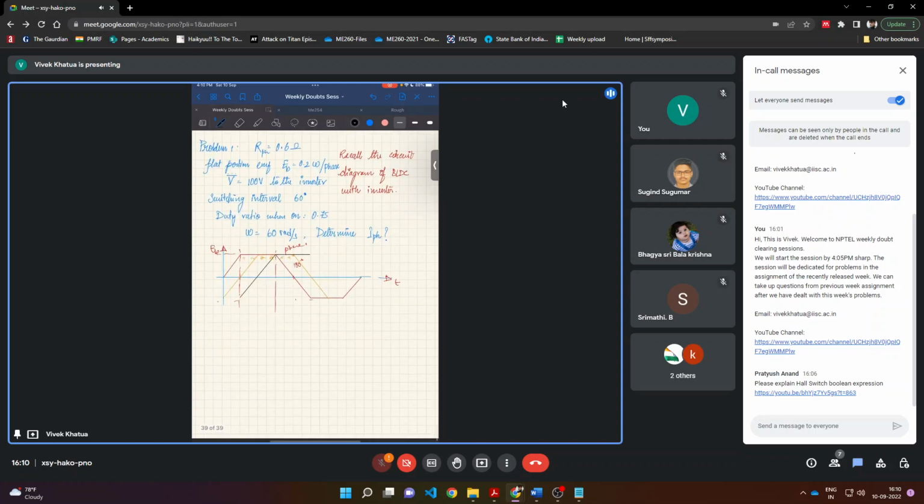So now looking at the circuit diagram, how it will look when two of the phases are active and the third is not: we'll have a circuit diagram that looks something like this.